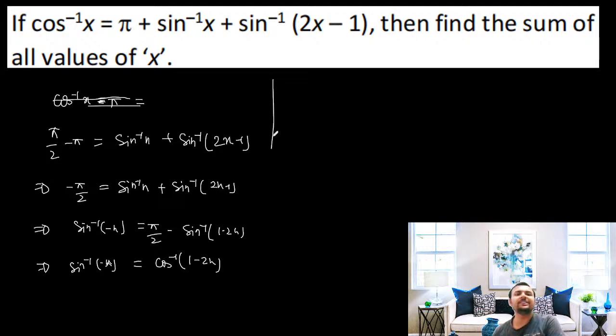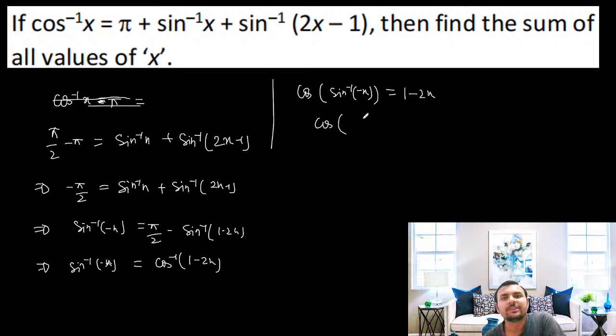Now what will happen? This falls into some identity. So we'll take cos both the sides. So cos sine inverse minus x is equal to 1 minus 2x. So it is somewhere cos sine inverse x, 1 minus 2x.